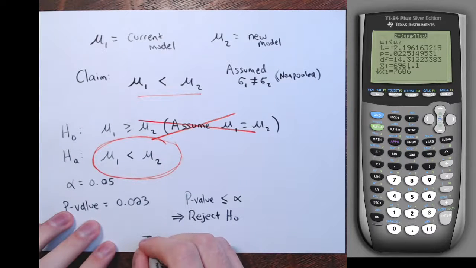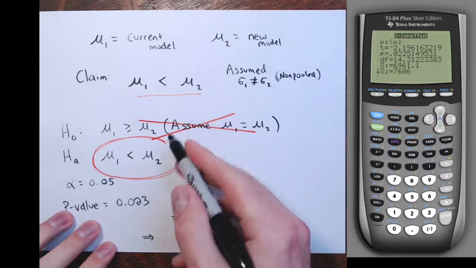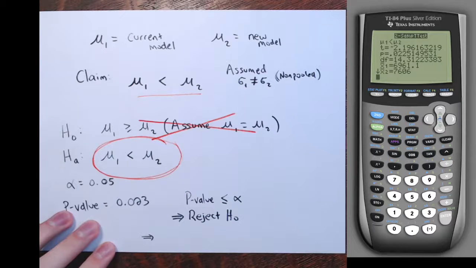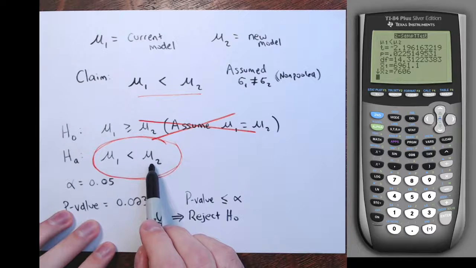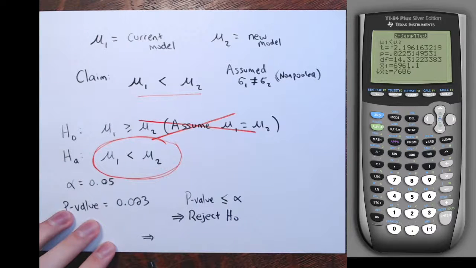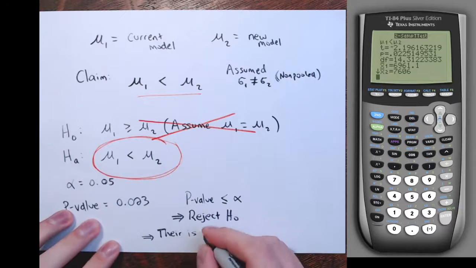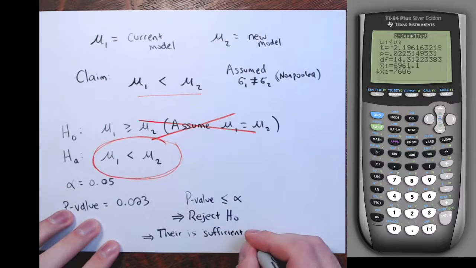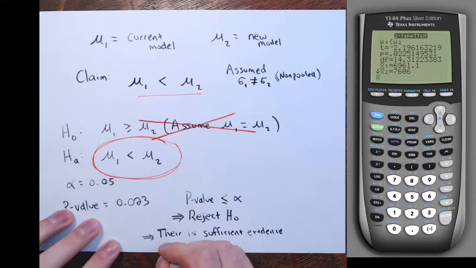So in the conclusion, we would say there seems to be enough evidence in these samples to say that the new models have longer lifespans than the current ones. So I'll just say that there is sufficient evidence to support the claim that the new models have greater lifespans than the current ones.